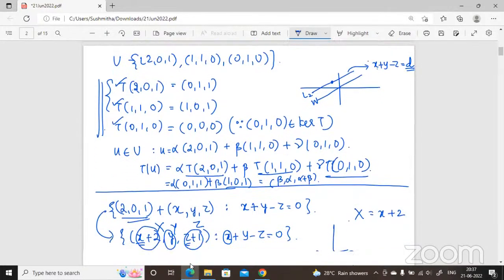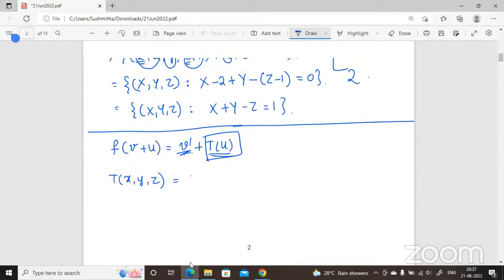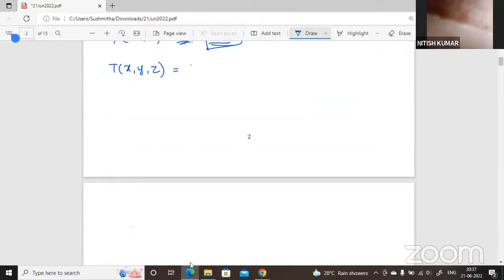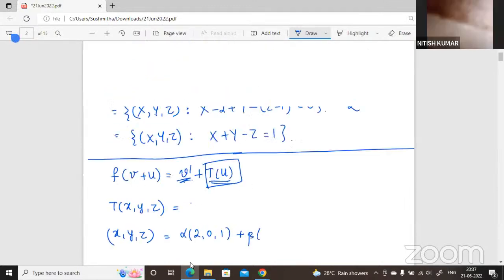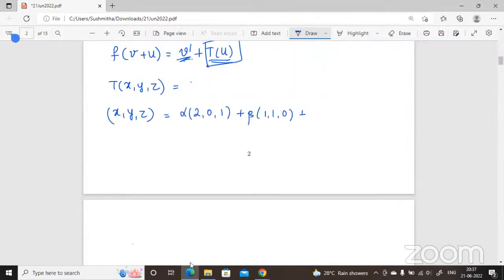But how will I get the transformation? I want to know what T of x comma y comma z is. I know T of 201 is equal to 011. You have to express x comma y comma z as alpha times 201 plus beta times 110 plus gamma times 010, and then find out what alpha, beta and gamma are.